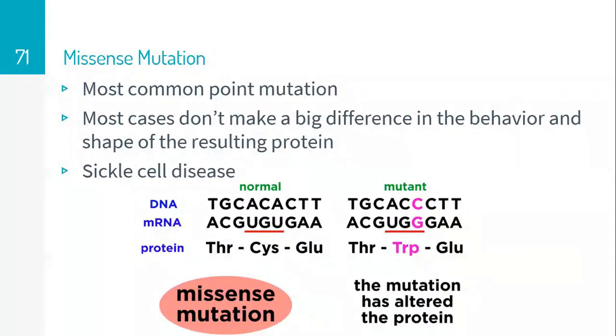In the case of sickle cell, guys, why it is so problematic is that glutamic acid allows the shape of the red blood cell to be biconcave. It's able to change its shape while traversing your blood vessels, so it doesn't stick.